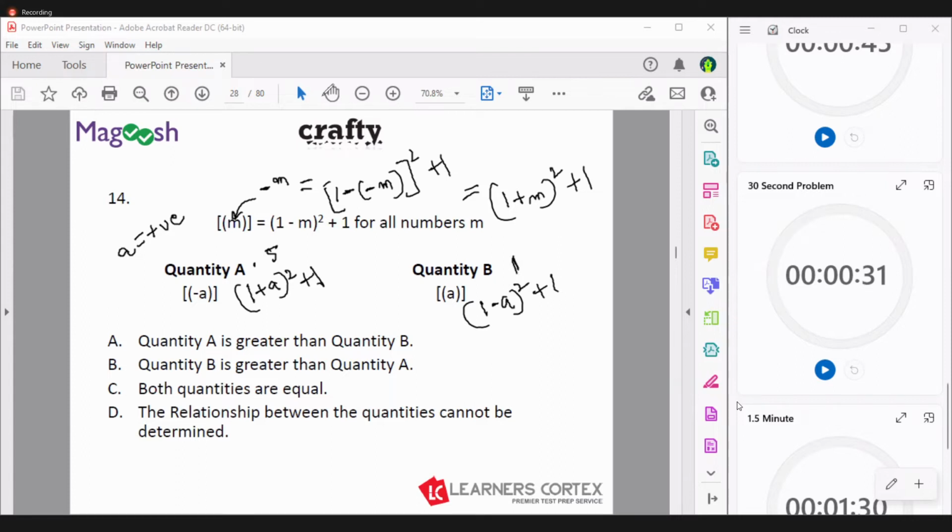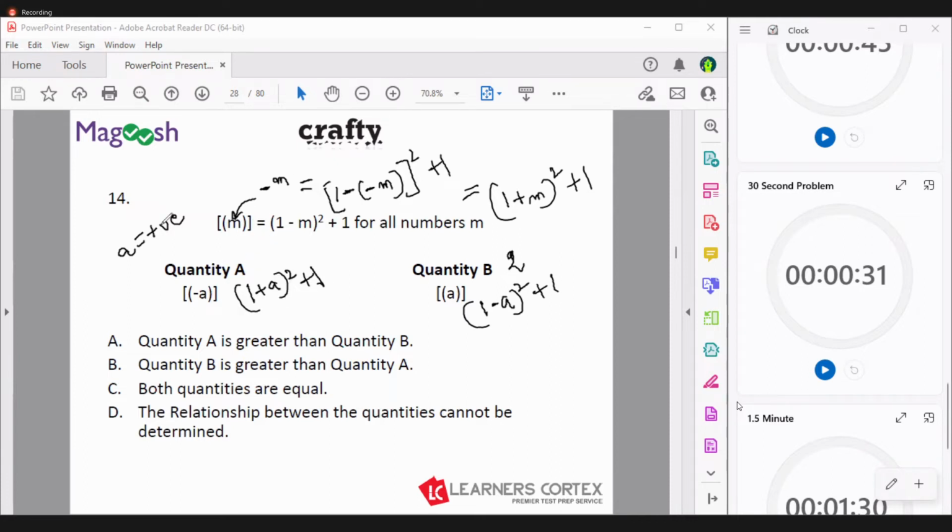If you plug in positive 2, this becomes 3 square, because 1 plus 2 is 3, so 3 square is 9, 9 plus 1 is 10. And here, for 2, this becomes minus 1 whole square, which is 1, and then plus 1 would be 2. So as you keep on increasing, this value will still be greater than quantity b. Does it make sense still here?